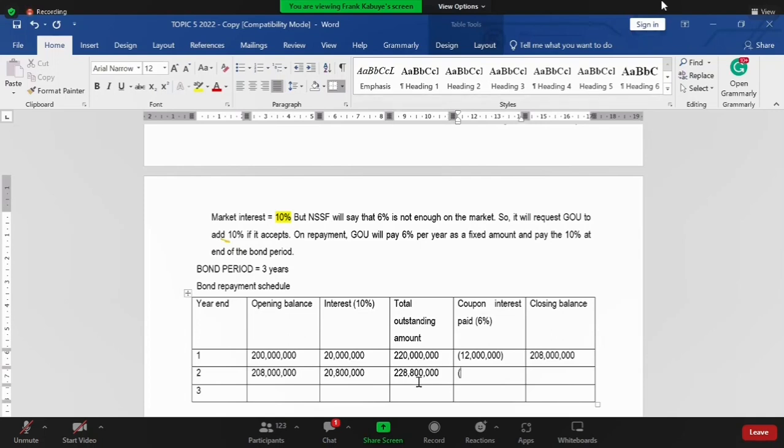But we only pay 12 million. I said this is fixed. And then we remain with 216,800. And then finally, you start with that in the third year as the outstanding liability. And then you get the 10%.